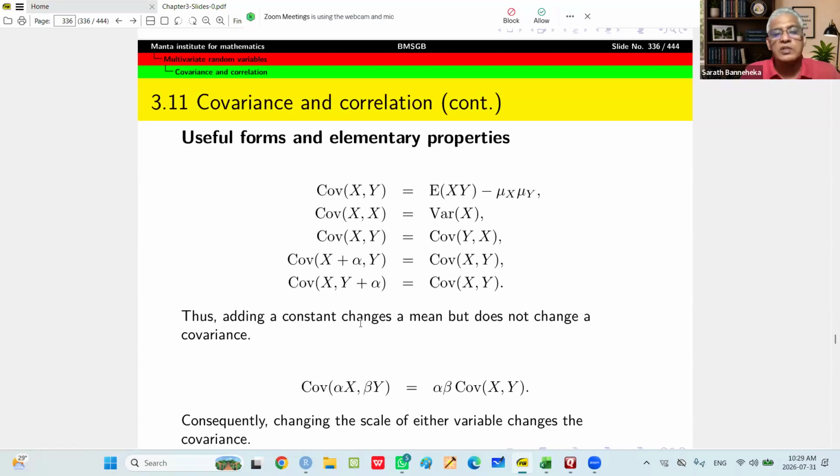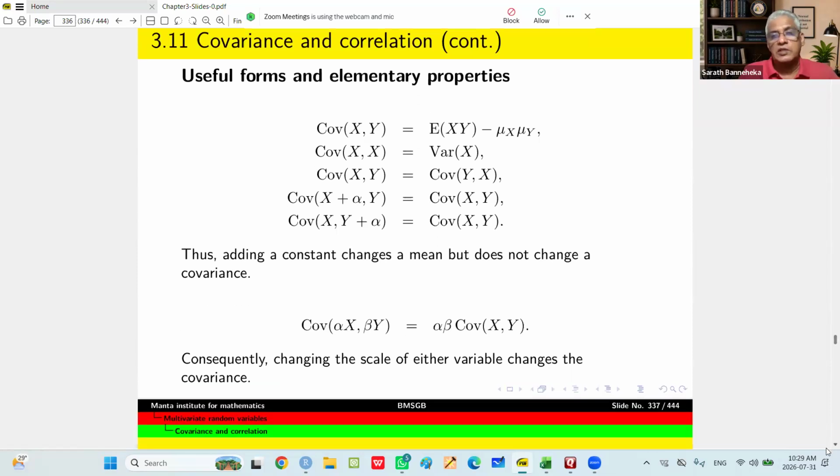Thus, adding a constant changes the mean but does not change the covariance. We know that when you add a constant to the variable, its mean changes, but covariance doesn't change. We can easily prove this result using either this expression or the original definition.